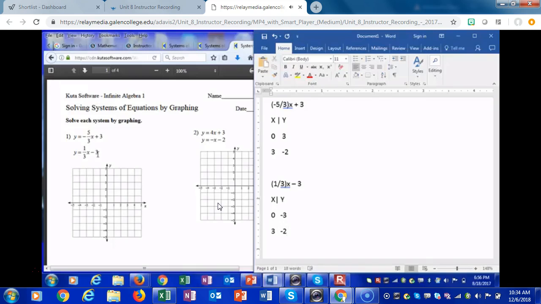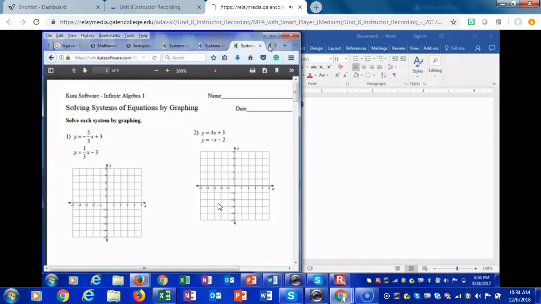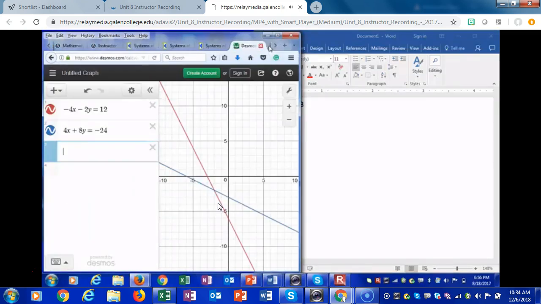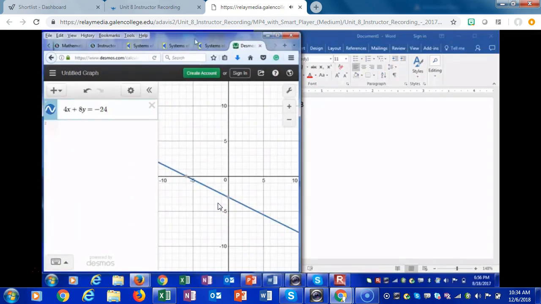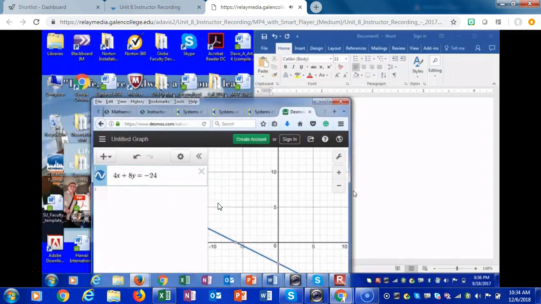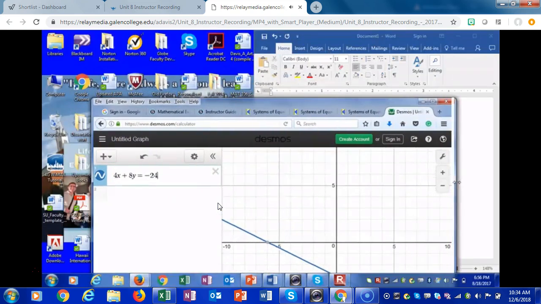Okay? So your question would be, okay, when I draw my graph on here with the straight edge, what does it look like? Well, I happen to have a graph here.